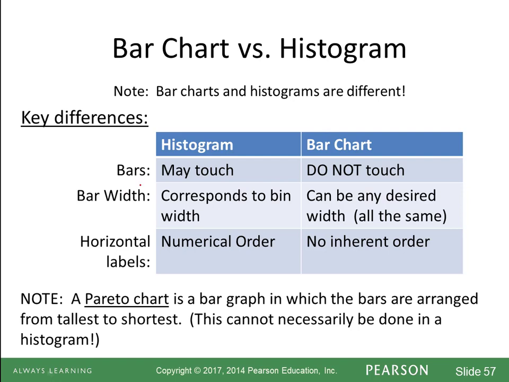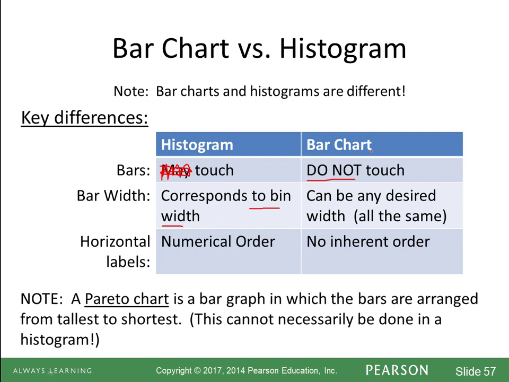Now, in a histogram, the bars do touch. If they don't touch, that just means that there is no one in the class next to it. They do not touch in a bar chart. The bar width corresponds to our bin width.